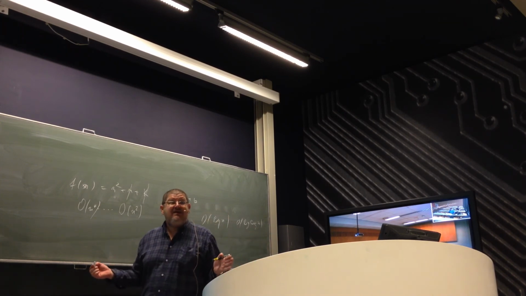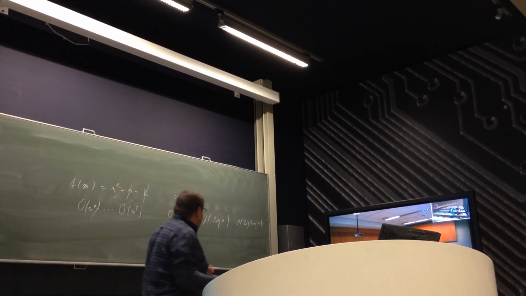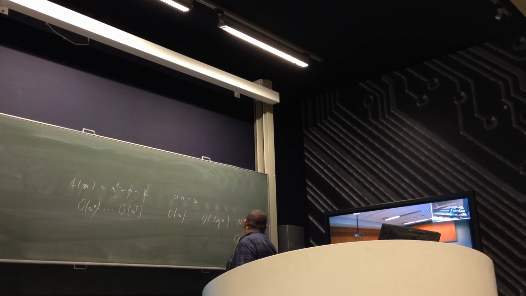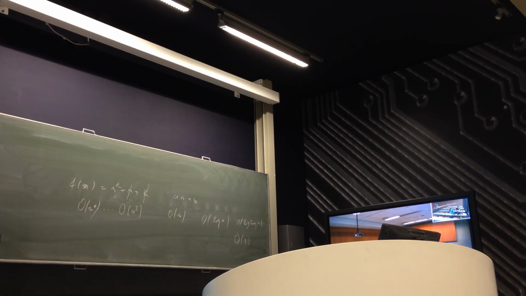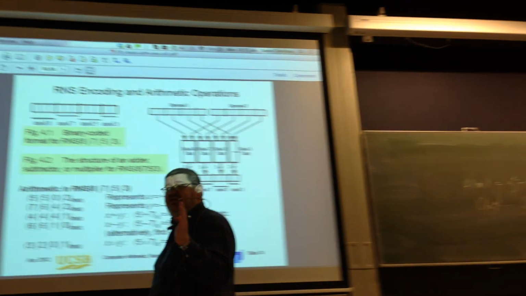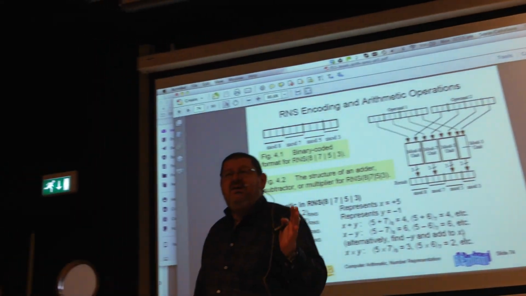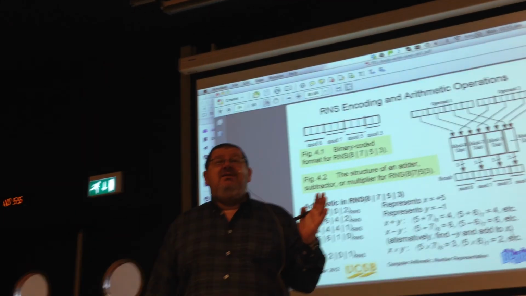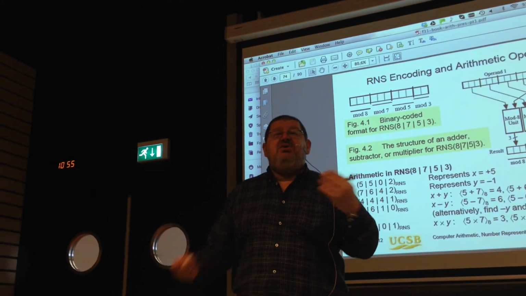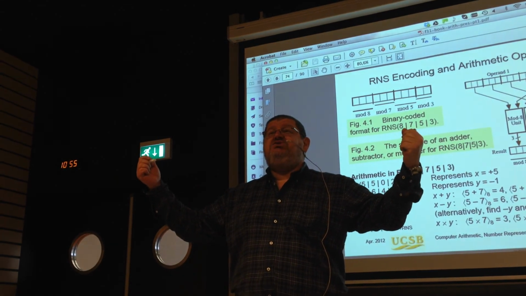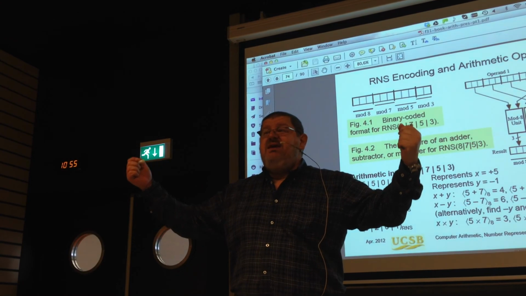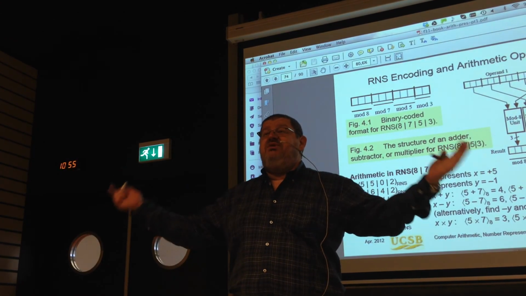What we want is to get something which is called O of 1. O of 1 means that no matter the dimension of the problem, I can solve it with the same effort. This will be totally parallel addition, because the effort that I put in order to do the addition will be the same regardless of the dimension of the operand.